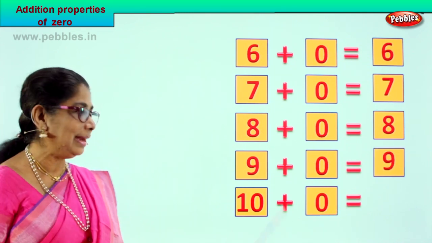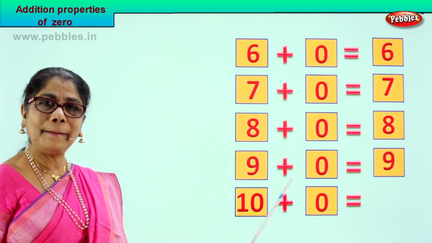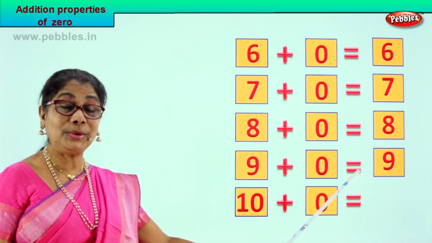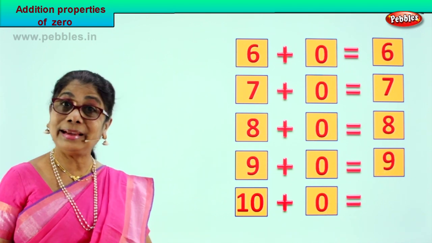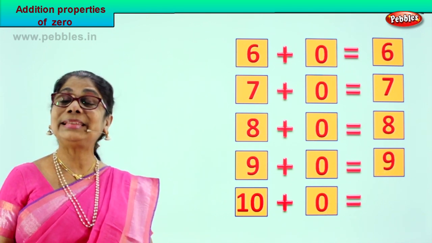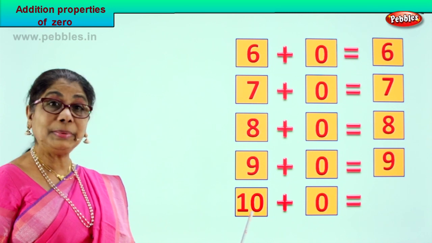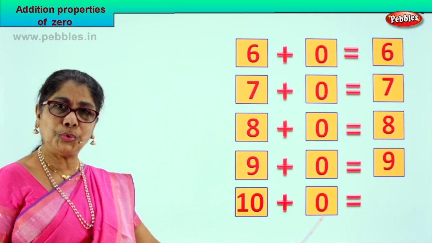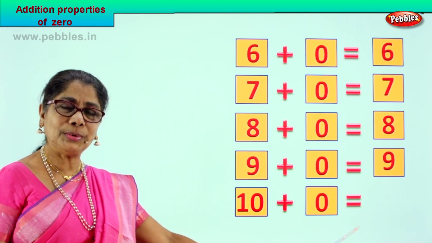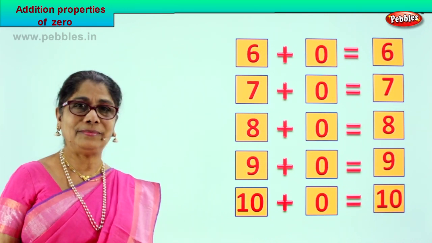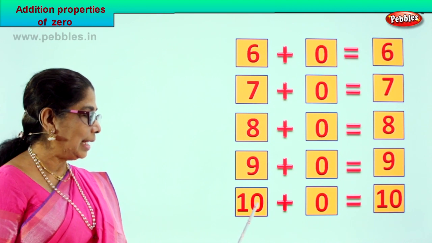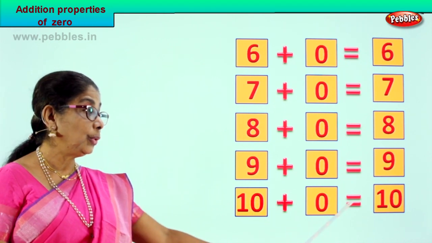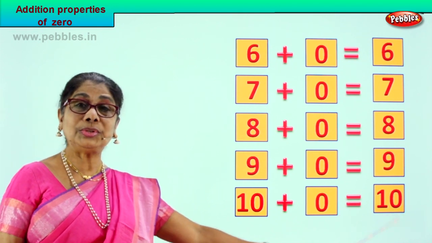Good. Read it again. 9 plus 0 is equal to number 9 itself.